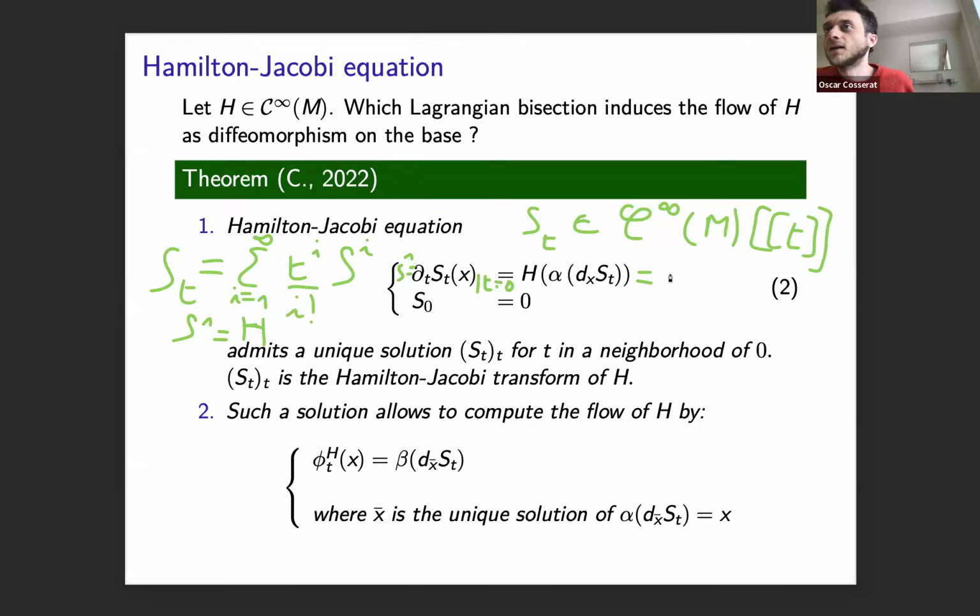So you will get H composed with alpha composed with the zero section. And if you remember the axioms of a birealization, alpha composed with 0 is the identity. So at the end, S_1 equals H.